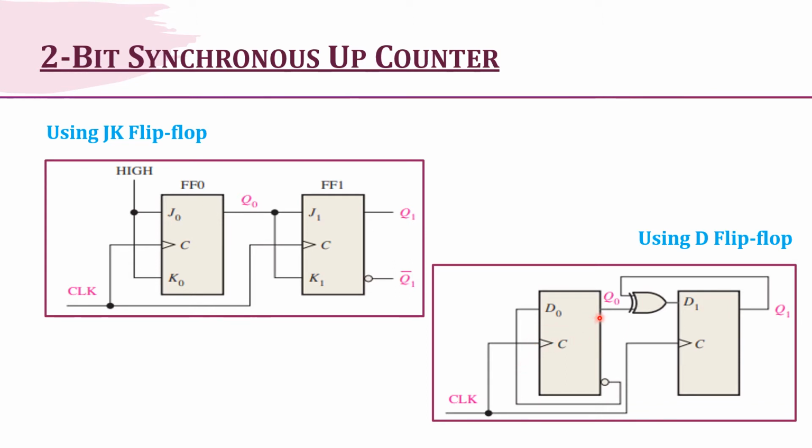The output from the first flip-flop and Q1 are XORed. So Q0 XOR Q1 is connected as the input to the next flip-flop in the chain, that is, D1 = Q0 exclusive OR Q1. This is the method to construct a 2-bit synchronous up counter using D flip-flops.